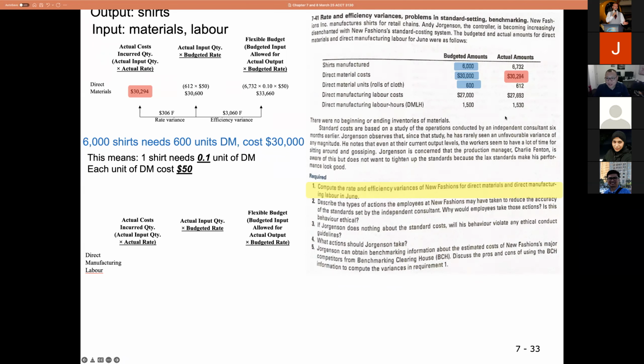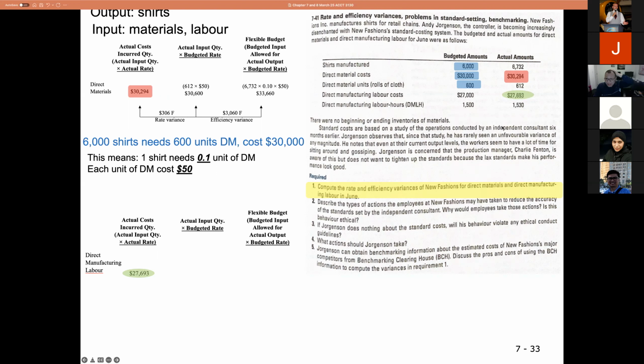Someone can tell me what's the actual cost on the left column. 27,693. Yeah, that's this number, the green color. That's the actual labor cost.